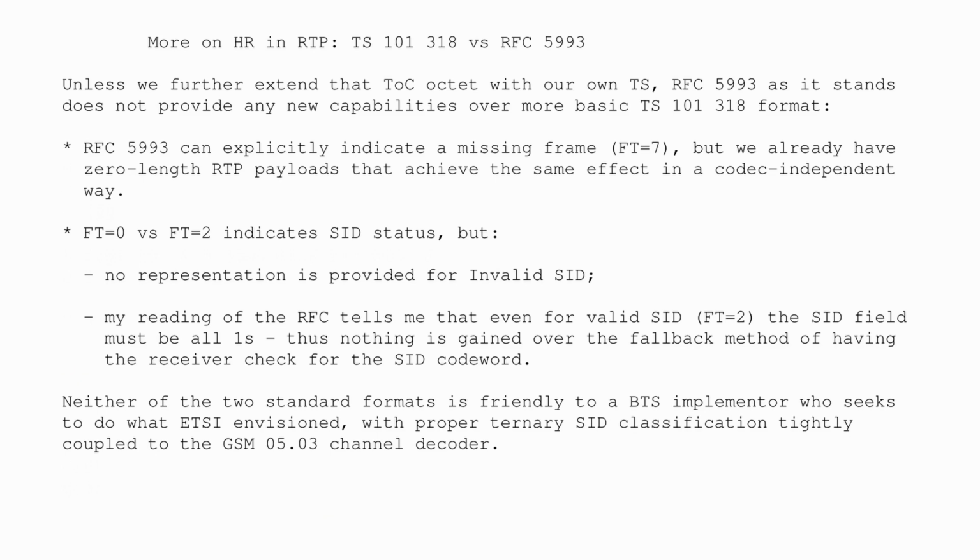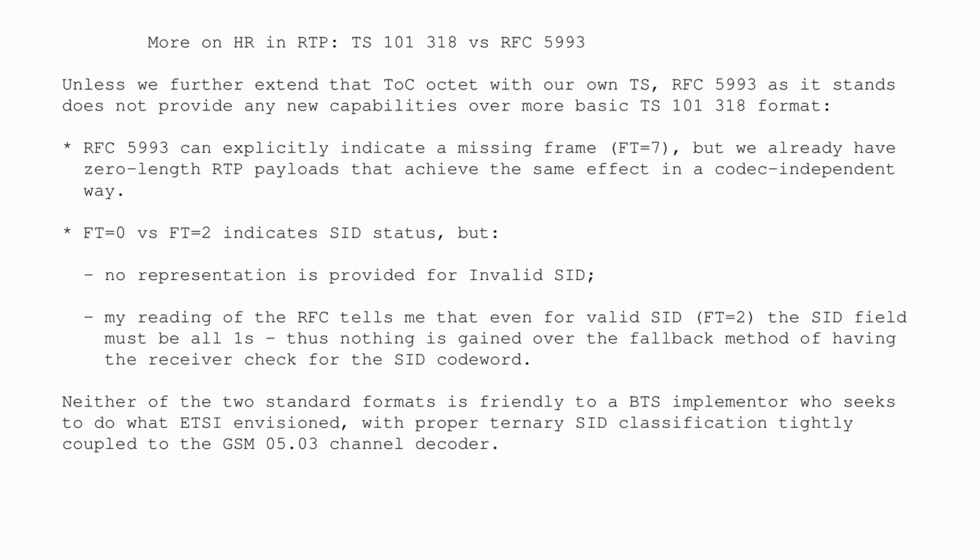So when I was implementing the patches for Osmo BTS that did the harmonization between TS 101.318 and RFC 5993, to where both formats are now acceptable to every Osmo BTS model, and also every Osmo BTS model has a VTY flag to select which one you're going to transmit.